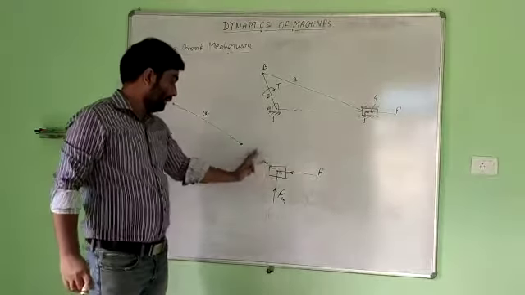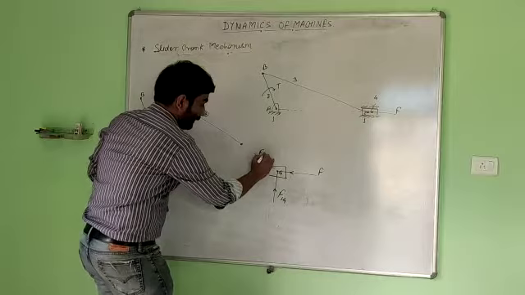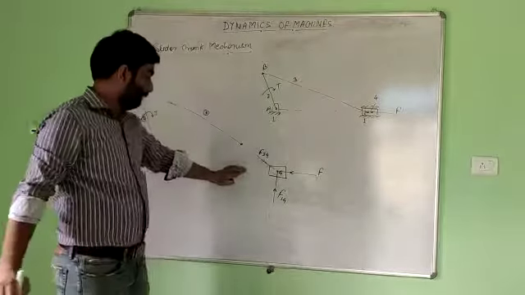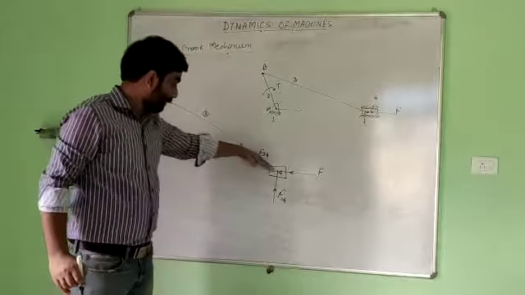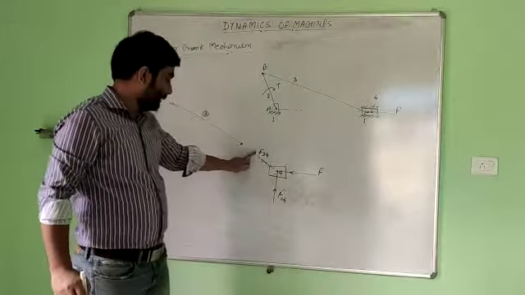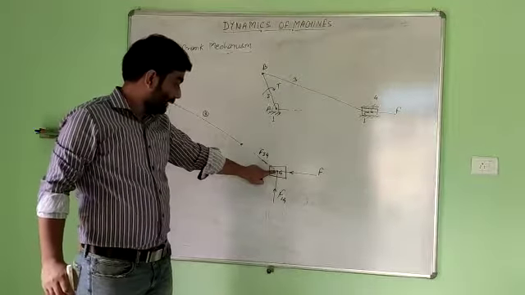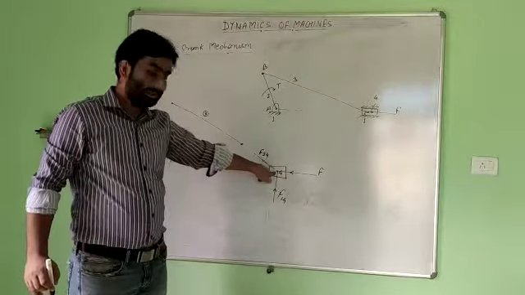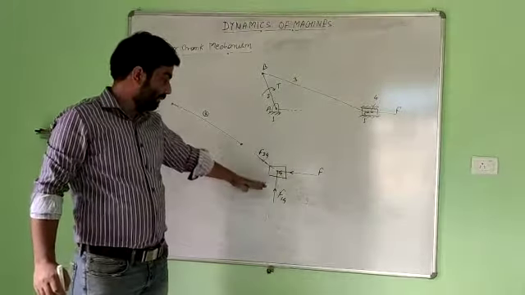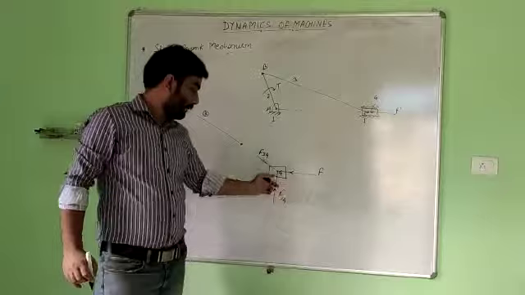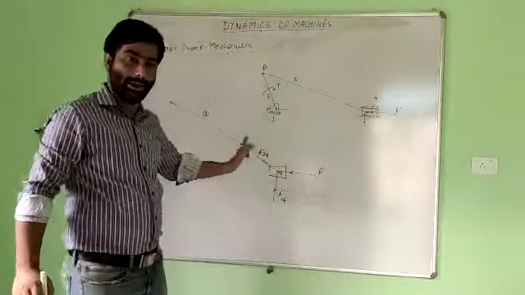The amount of this force will be F3, the force by member 3 on member 4, but we don't know whether the direction is this or this. All the forces will meet at a single point because we have the equilibrium condition. In case of a member subjected to 3 forces, all the forces should meet at a single point and form a closed triangle.